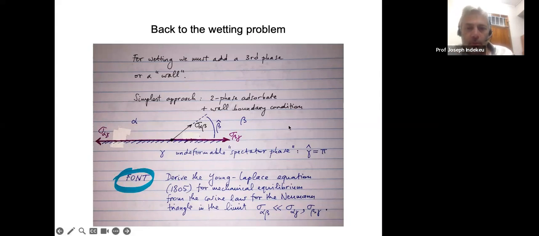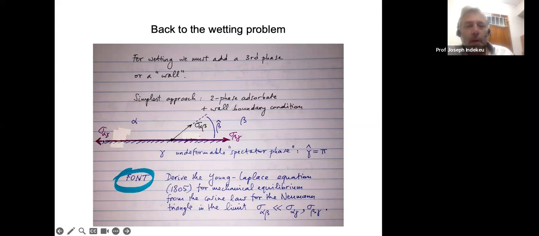Well, the Neumann triangle doesn't survive, but we don't need to go exactly to the very end of that limit. We just can look asymptotically close to this situation and then pick up the relevant equation from the cosine laws or the sine laws to find the condition for mechanical equilibrium of the contact line.